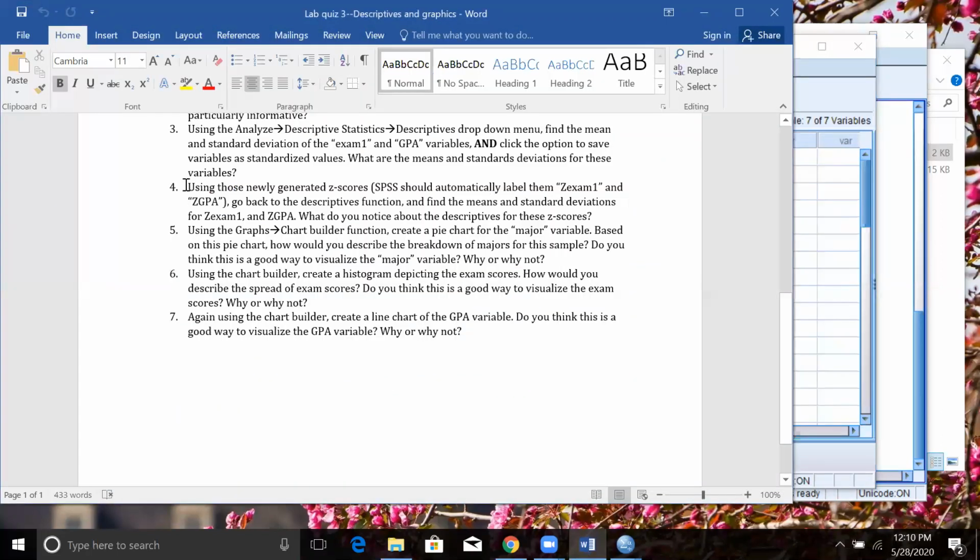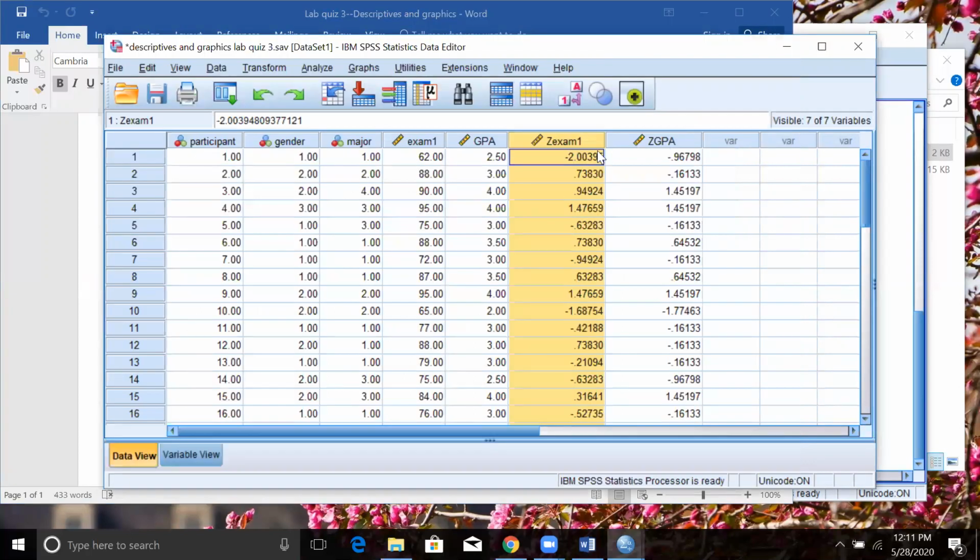Okay, so then we're actually going to do something to those z-scores. Again, I haven't recorded my z-score lecture yet, but if you got a chance to look at the slides, you'll notice that I allude to something called the standard normal distribution. This is the idea that sometimes it's worthwhile to standardize your variables that are on different quantitative scales, right? GPA and exam are on very different quantitative scales. The exam variable was on a range from 0 to 100.